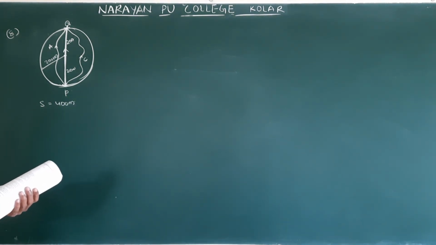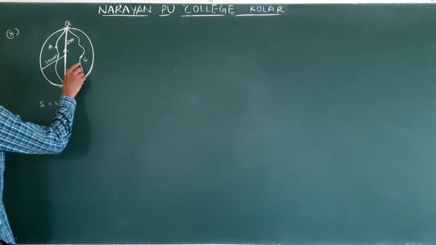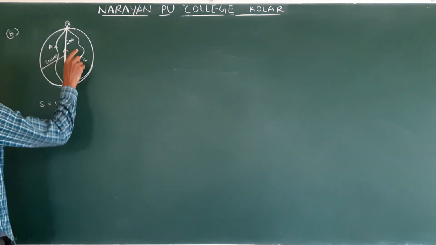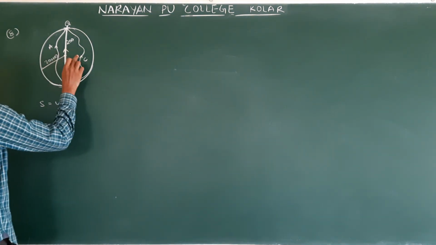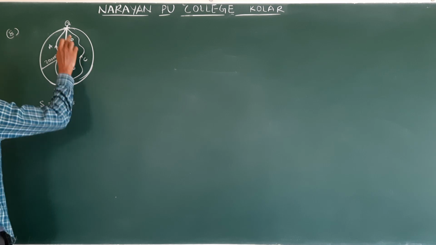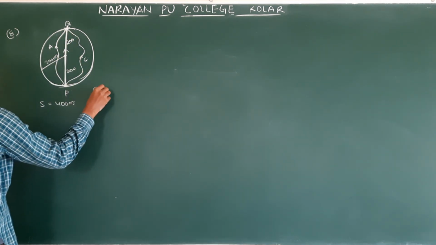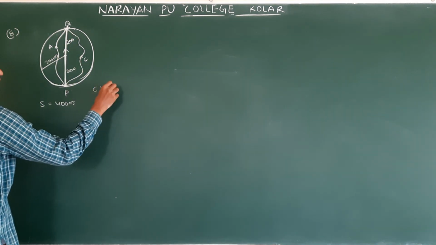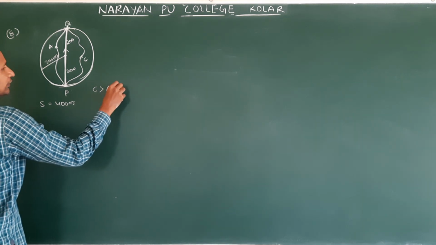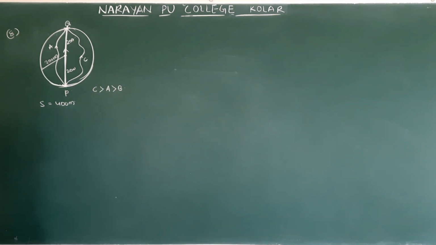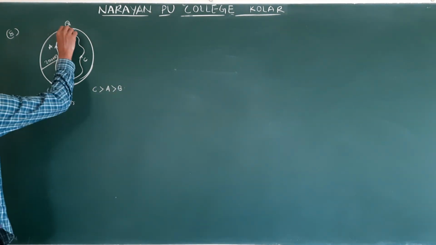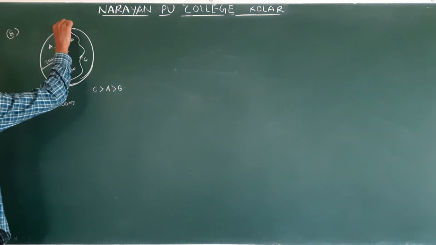For which girl is this equal to the actual length of the path skated? If you compare the paths followed, which girl has followed the greater path? C greater than A, greater than B. But girl B's actual path followed is PQ, and the displacement is the same.